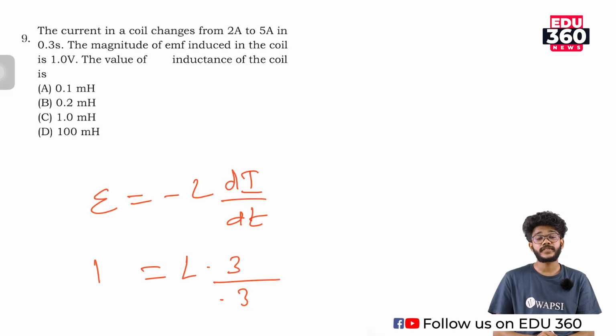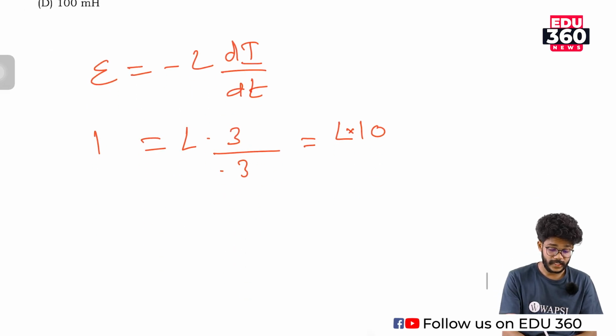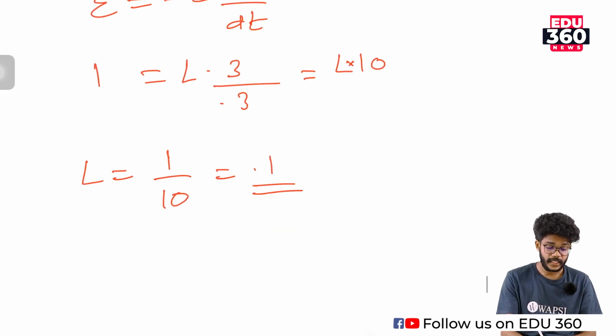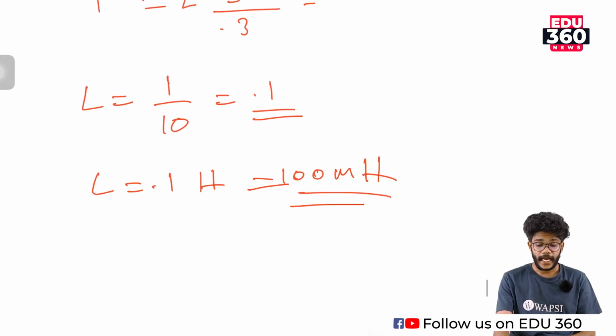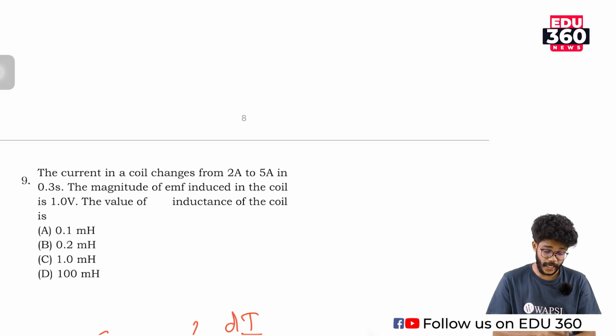So 3 by 0.3 is 10. L into 10, 10 L. So what is L? 1 by 10, which is equal to 0.1. The inductance is 0.1 Henry or 100 millihenry. Both are correct. While checking the options, option D is the correct answer.